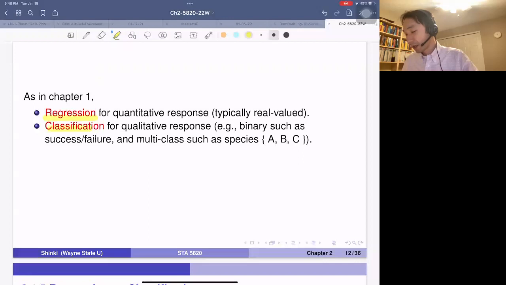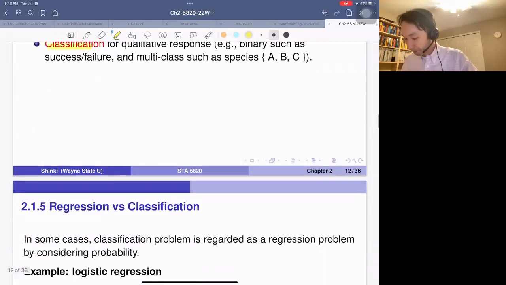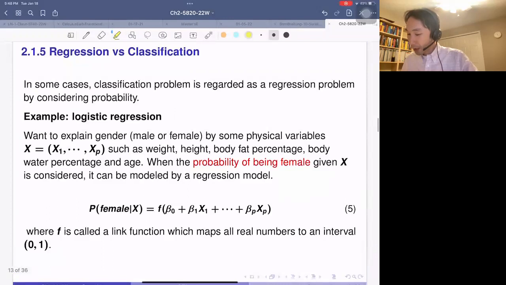Classification is for the qualitative response, such as binary, success or failure, or multi-class, such as species A, B, C. And regression versus classification: in some cases, the classification problem is regarded as a regression problem by considering probability.